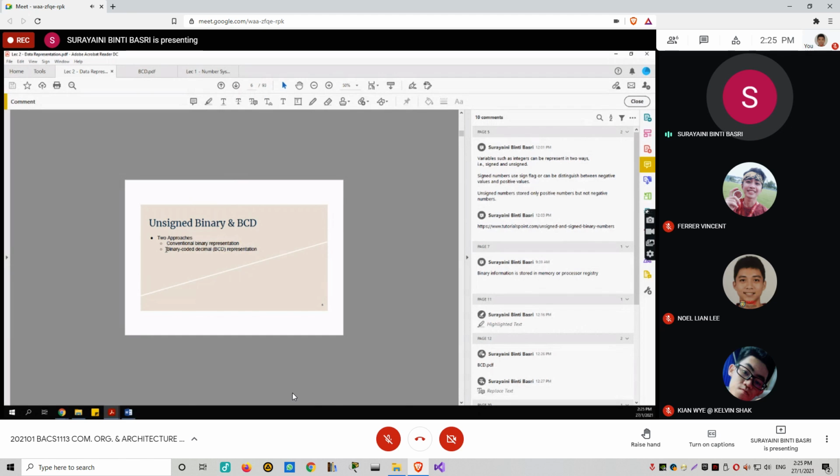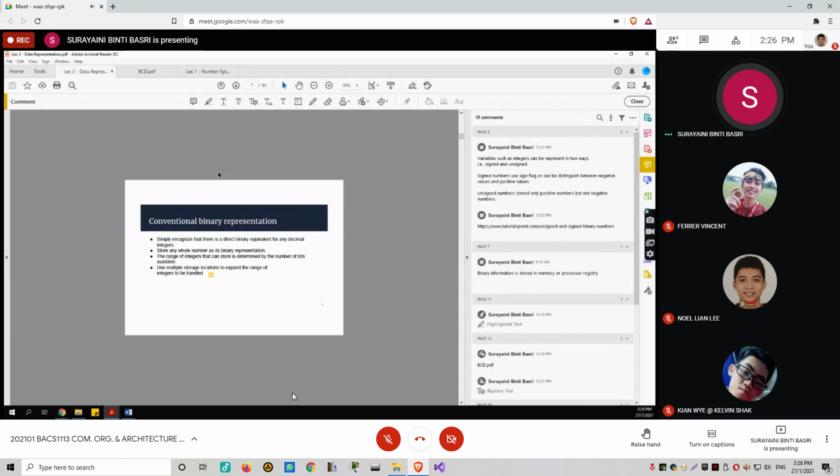The second method is BCD, binary coded decimal representation. The conventional binary representation is like what we have done in our first lecture, where you multiply each digit with its position. We will also see the details in our next slide.